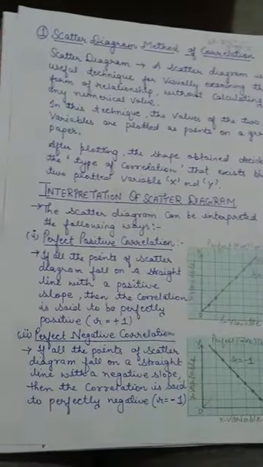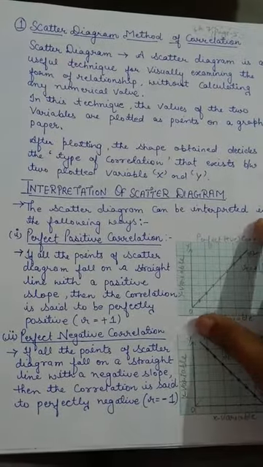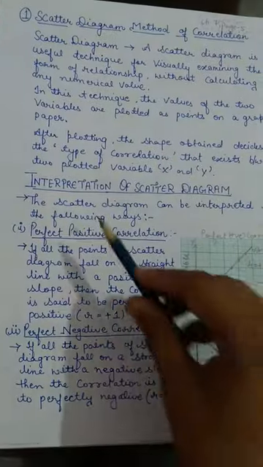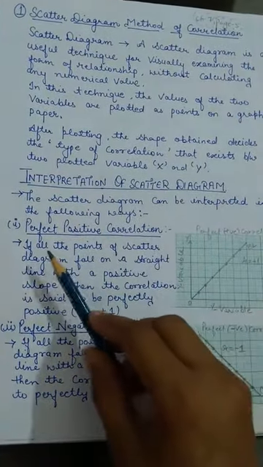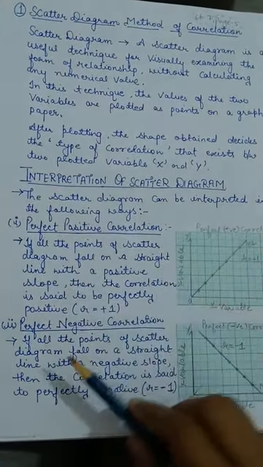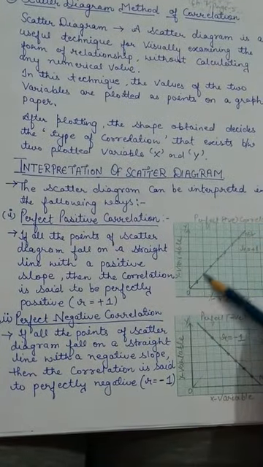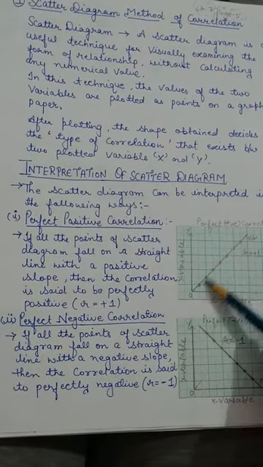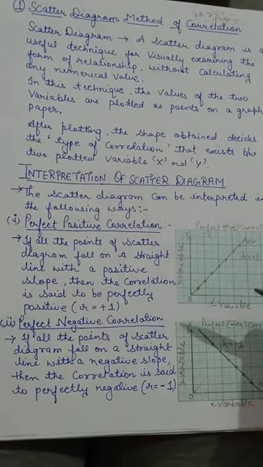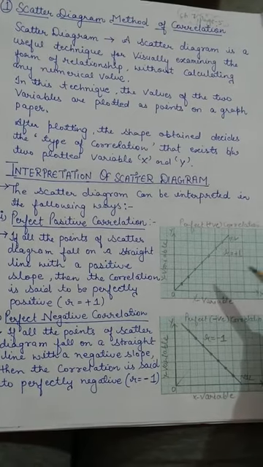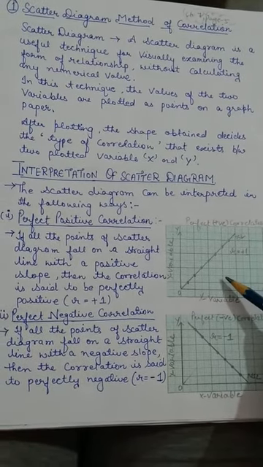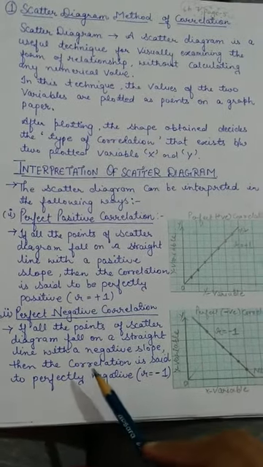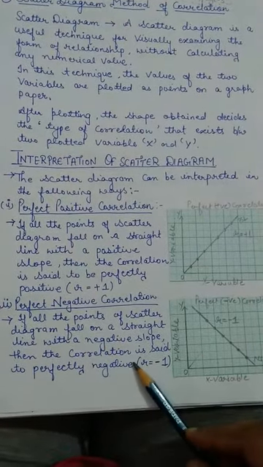Then in yesterday's lecture, we discussed the scatter diagram method of correlation, interpretation of scatter diagram, and perfect positive correlation: if you draw this PSL line and after plotting you get these points on the same line of PSL, you can say that you have perfect positive correlation.